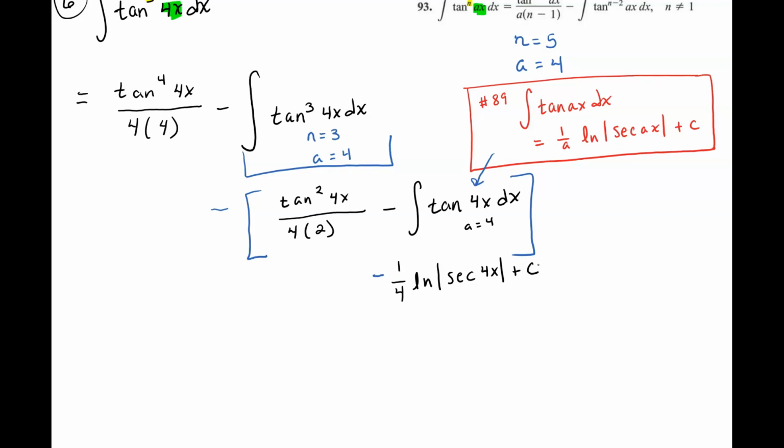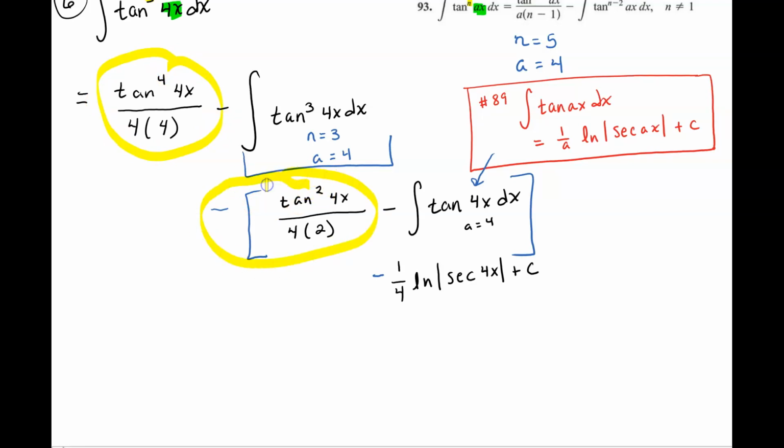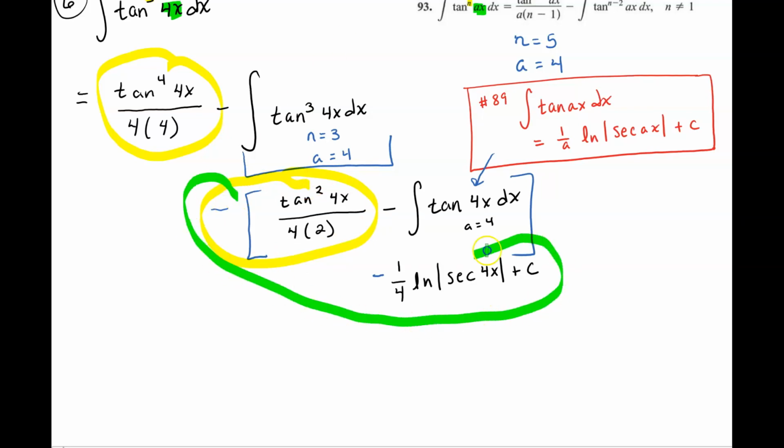All right, and let's see what we get here. We put it all together. And I know that this negative sign also applies to this negative that sits right there. That's going to change the sign on that. All right, let's see what we get.